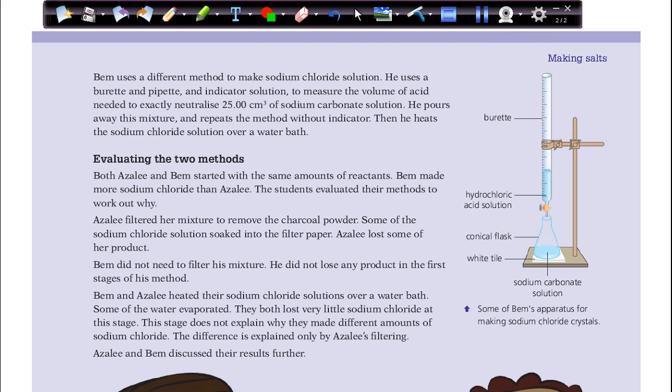Another student called Bim was using a different method to make sodium chloride solution. He uses a burette and a pipette. This one is called a burette, with a tap here, like a valve that we use to control the water dropping.